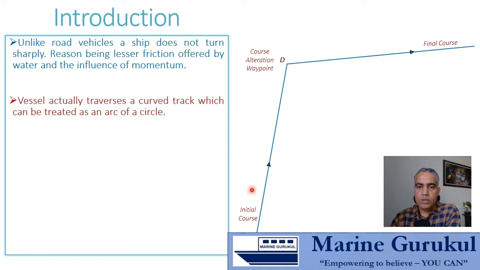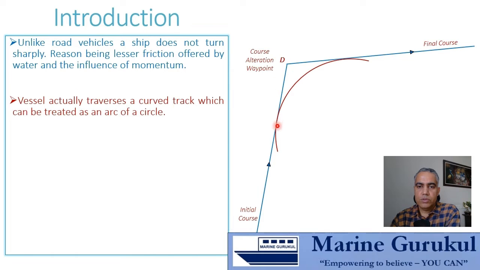Now, even though the courses are shown as straight line tracks and the course alteration is shown at point delta, the vessel will not move along these straight line tracks while it is altering its course. Vessel will be moving along the arc of a circle, basically the turning circle of the ship.